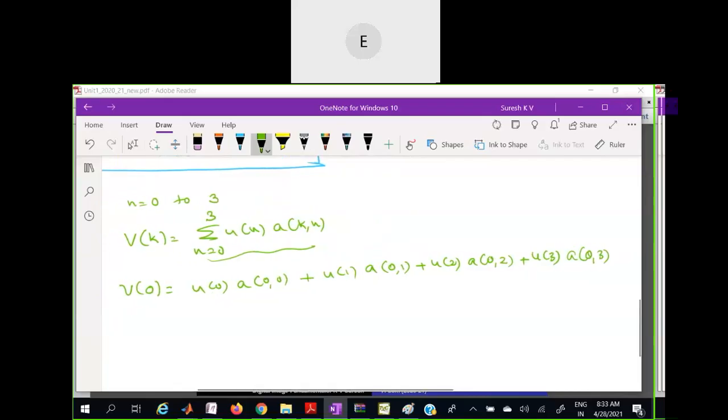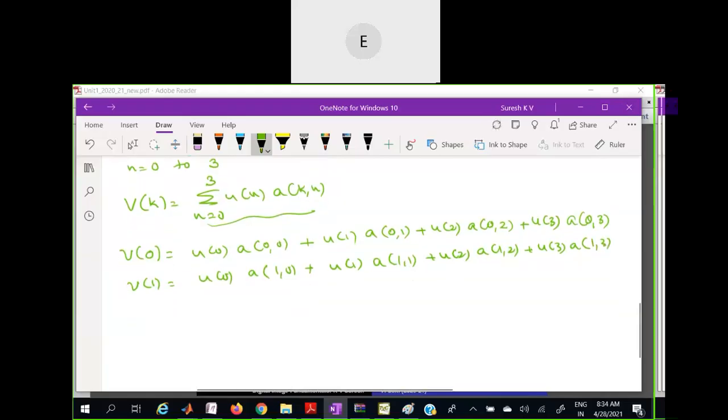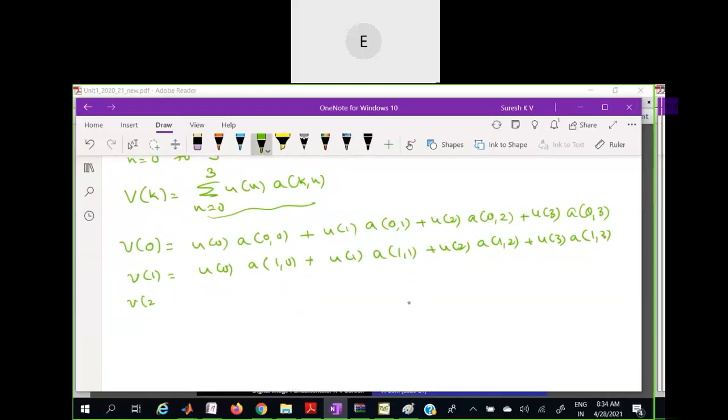Hope this is not difficult. Then what is V of 1? V of 1 will be U of 0, A of 1 comma 0, U of 1, A of 1 comma 1, U of 2, A of 1 comma 2 plus U of 3, A of 1 comma 3. I think this is what you have done in DFT. Let me just expand it.